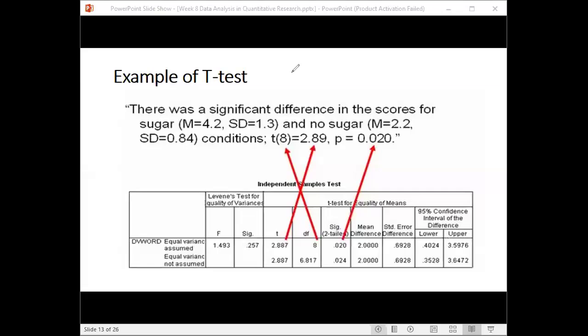it can be that one group, the mean is, let's say, 3.5, right?